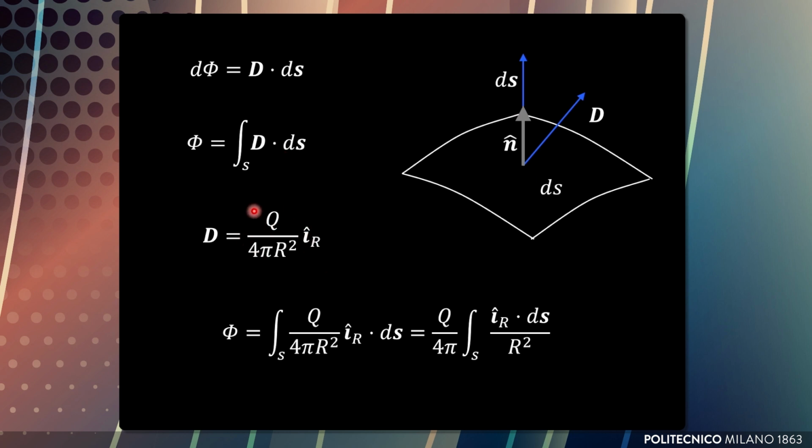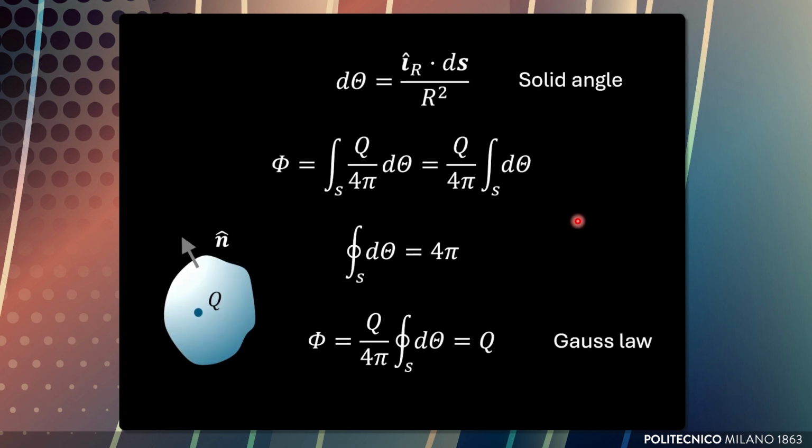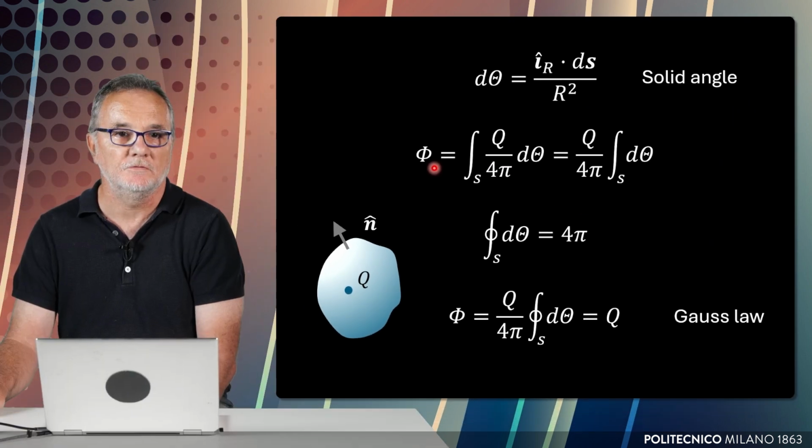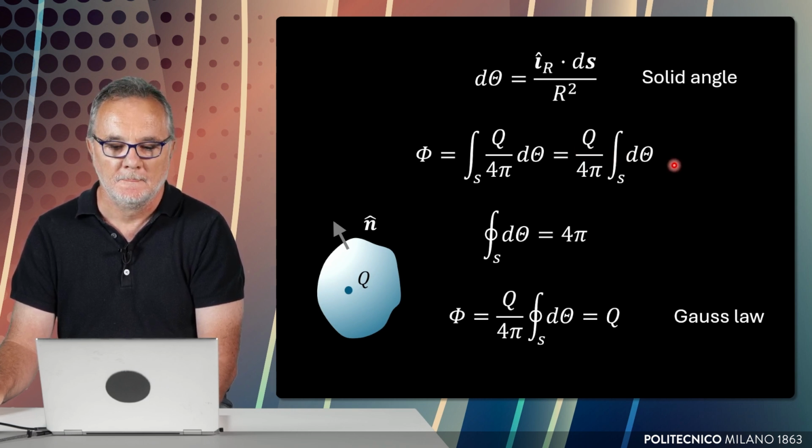Now, since this is the expression of D, the total flux of D can be written as Q over 4 pi times the integral of this expression. But this expression is the solid angle seen from the position of Q and looking at the elementary surface ds. So the total flux of D is Q over 4 pi times the total integral of the solid angle.